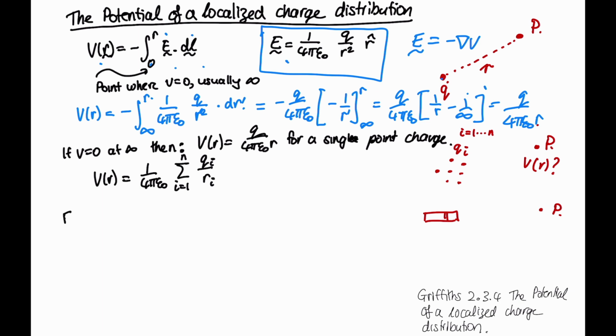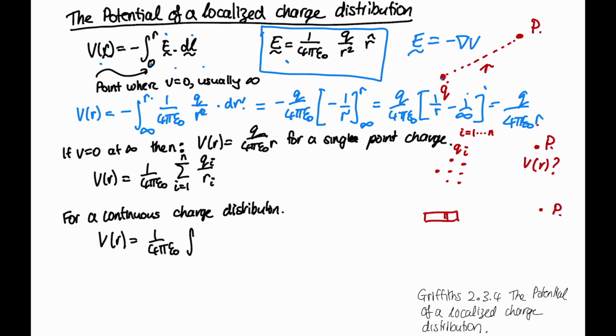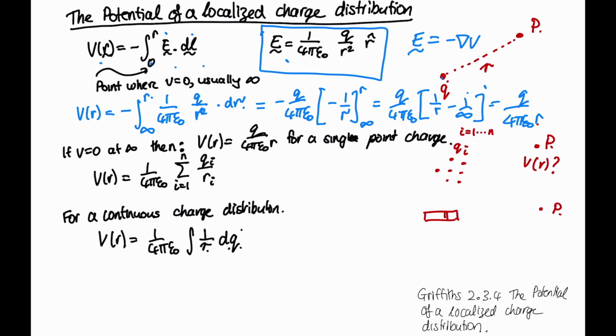So for a continuous charge distribution, V of r has a similar expression, but now it's 1 over 4 pi epsilon naught times the integral of 1 over r dq. We're summing up over all those little charges. Okay, and just remember that dq is the charge located at this location here.